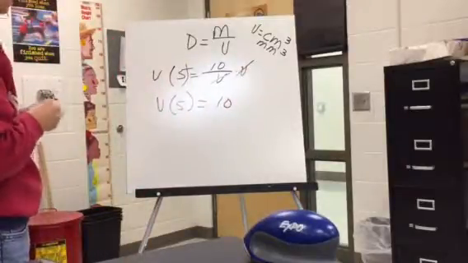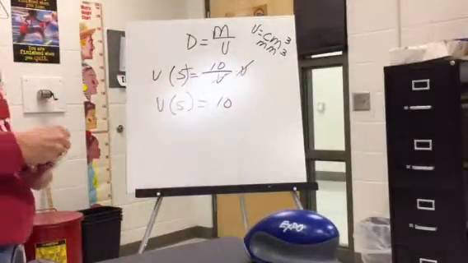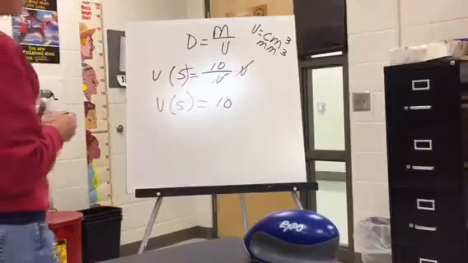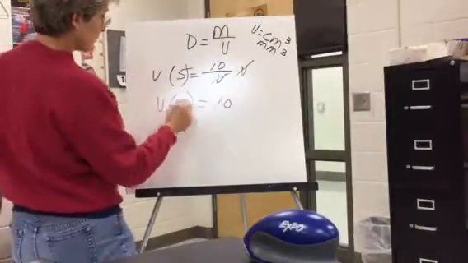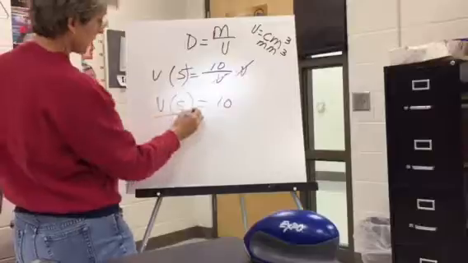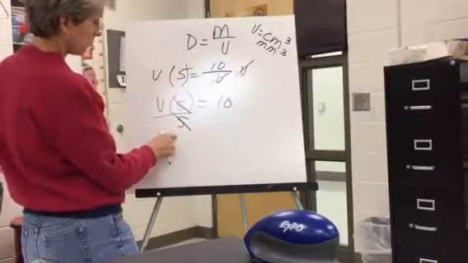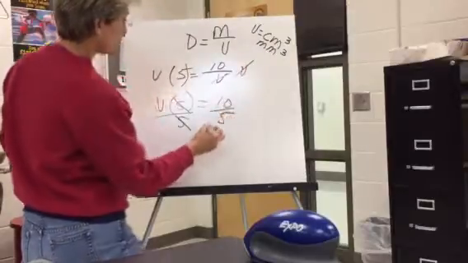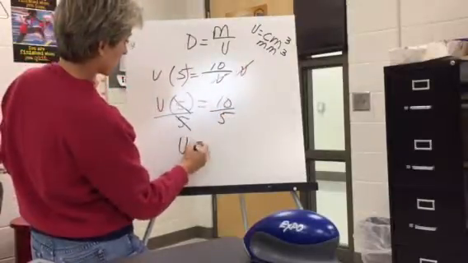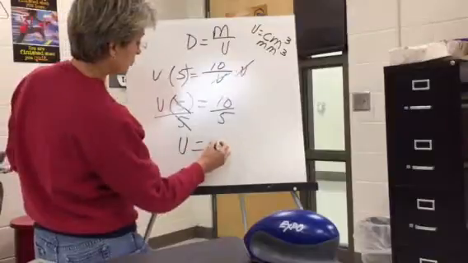Now to isolate the V, if I multiply here, I have to divide to get it to cancel out. Whatever I do over here, I have to do over here. So my answer is V is equal to 2.